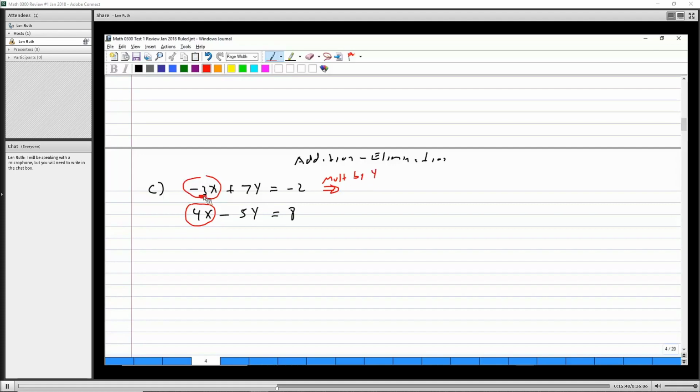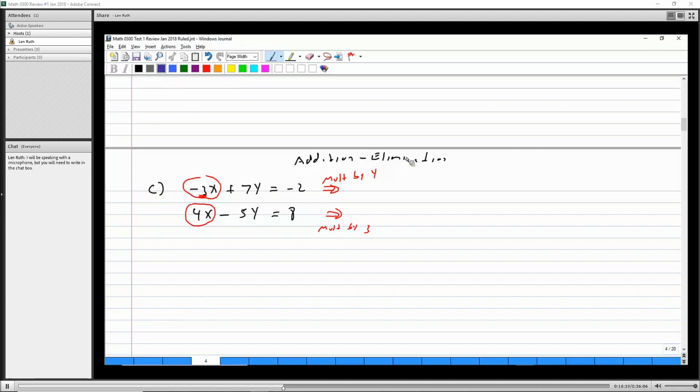Because that's going to turn this first term into a negative 12x. And I'm going to take my second equation and multiply both sides by 3. Okay, I'm picking whatever it takes to make the x's be opposite. If I multiply the top one by 4, I get negative 12x. If I multiply the bottom one by 3, I get plus 12x. Just do whatever it takes.